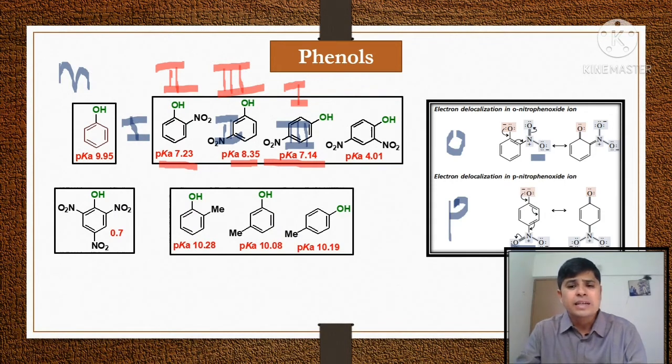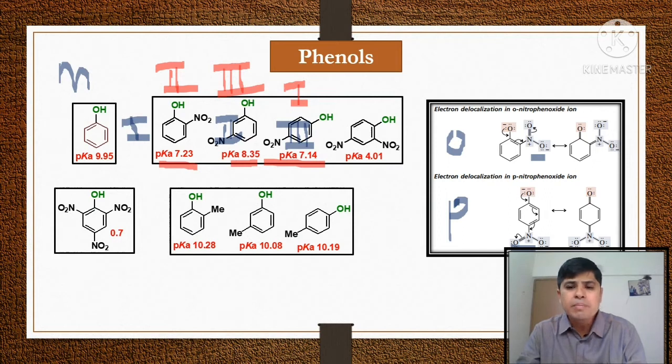Because of delocalization of electron density in the conjugate base. That electron density will get shared over the electron withdrawing nitro group in the para isomer and in the ortho isomer. This feature is absent in the meta isomer. Hence meta is less acidic than ortho and para.